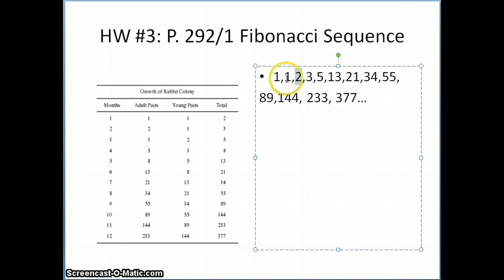So we're adding the first 2 numbers to get the third number, and then we add the previous 2. 1 plus 2 we get 3, and then 2 and 3 we get 5, and 3 and 5 we get 8. I'm missing a number here. And 5 and 8 we get 13, and 8 plus 13 we get 21, and so on. So that's a list of Fibonacci sequence numbers.